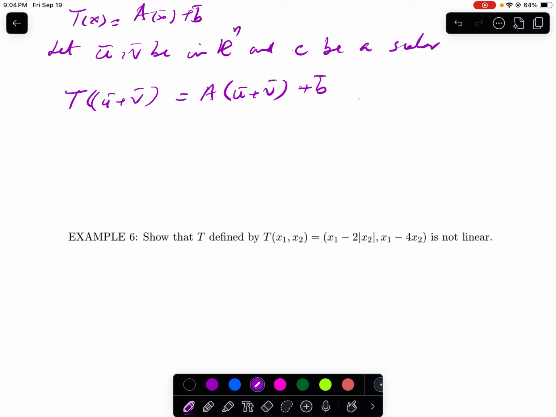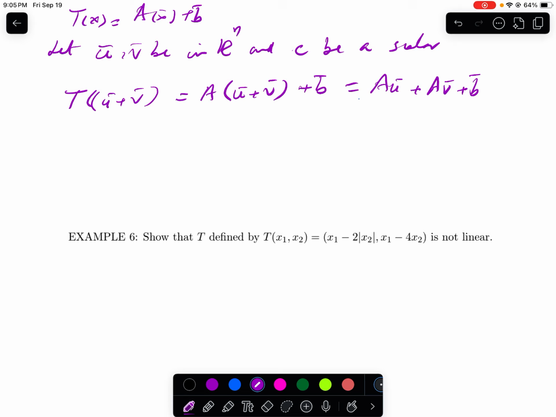Now I can distribute the matrix. I get Au plus Av plus b. Now remember, if this is equal to T of u plus T of v, then this condition is satisfied.